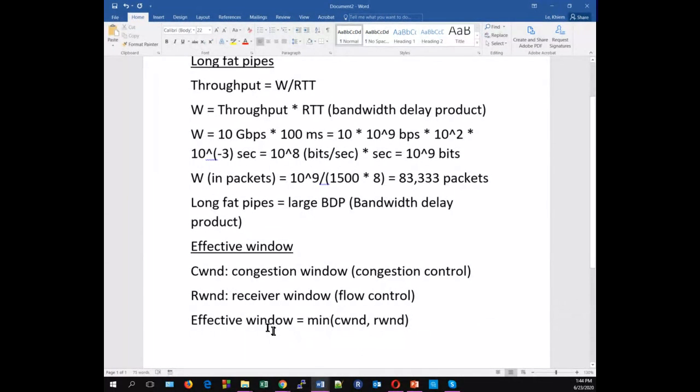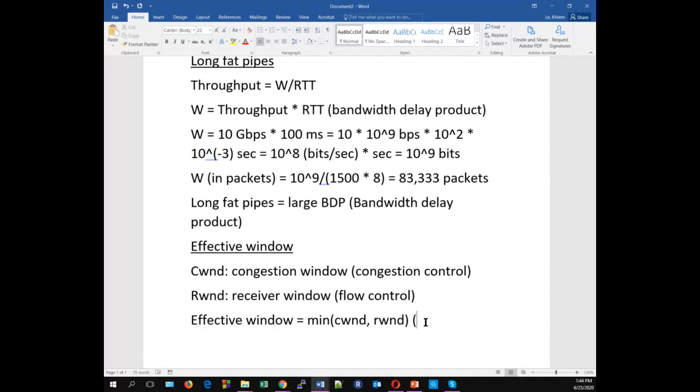Any question? At any given time, the sender cannot send more than the effective window before it has to stop and wait for ACK. Any question here? So this is the window that really determines the sending rate of the sender.